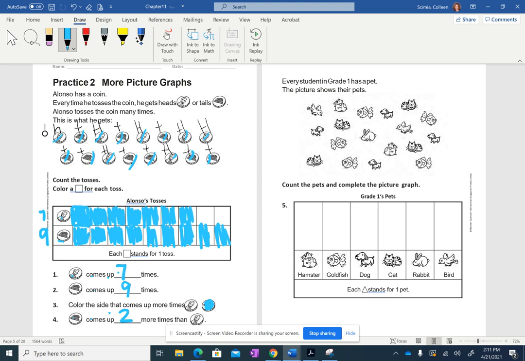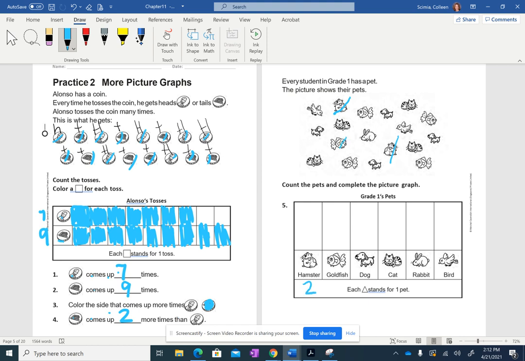So, first of all, let's take a look at the hamster. How many hamsters are there? Well, there's 1, 2. I only see 2, so I'm going to make a 2 stand here. Goldfish.